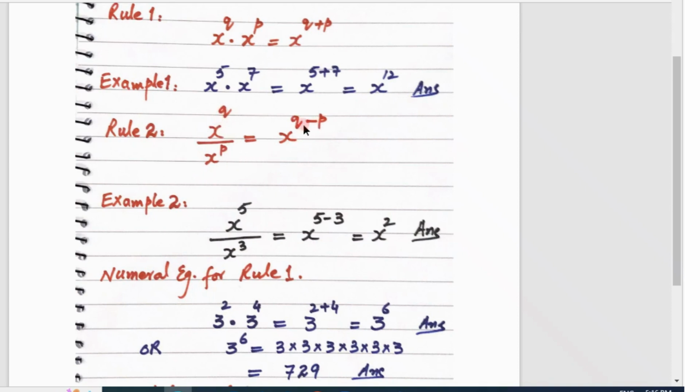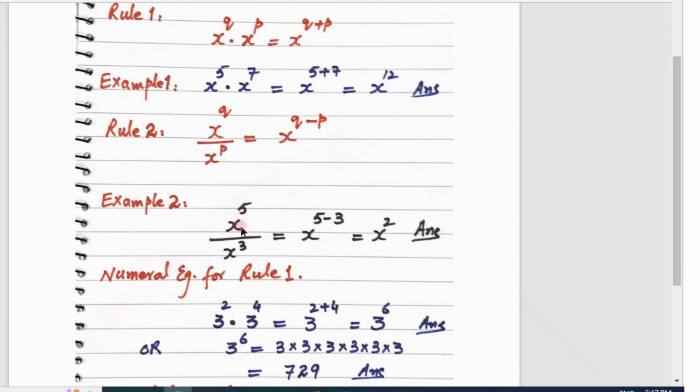So it is showing the same. Minus p is negative. Actually, it should be written like q plus into minus p, but that is very confusing. So I have just subtracted it straight away so that you can understand: whenever a power is written in division form, lower power will be cut down from the upper power if these are the same, or if these are not the same, lower power will be subtracted from the upper.